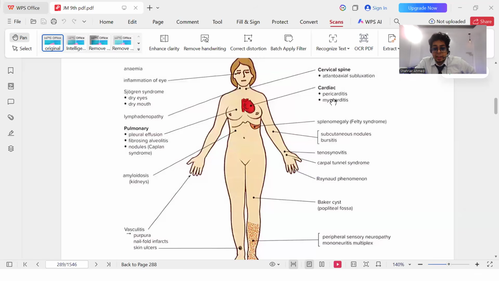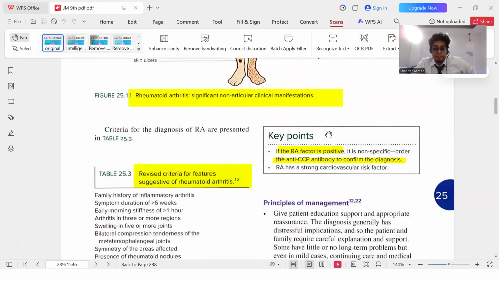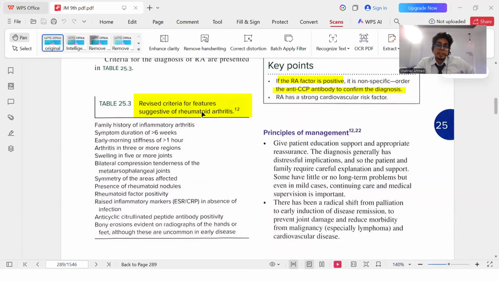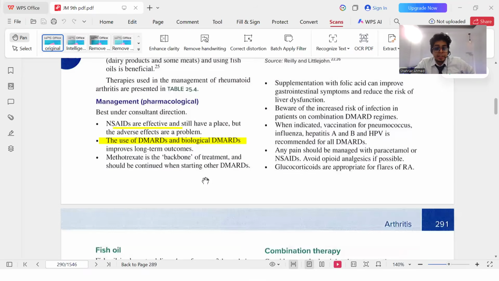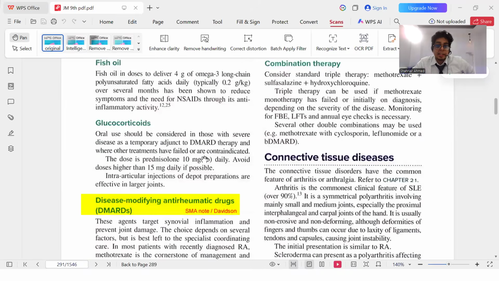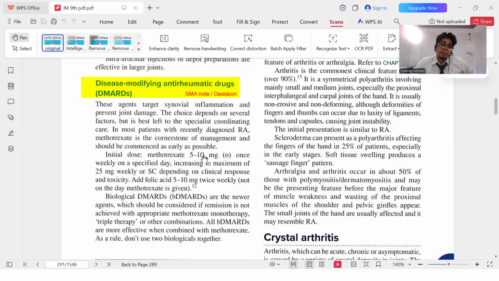It can also affect the heart, which is why the cause of death can be cardiac. Here are some criteria for diagnosing rheumatoid arthritis, including morning stiffness, rheumatoid factor positivity, and raised ESR. You can have a look at these. Treatment has already been mentioned: initially NSAIDs, and then disease modifying anti-rheumatic drugs.